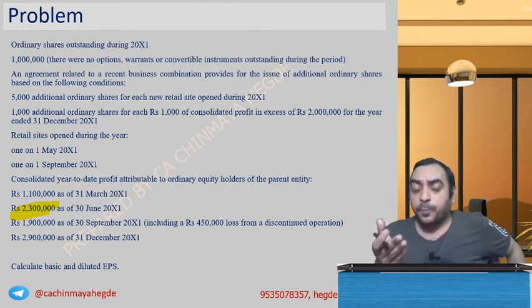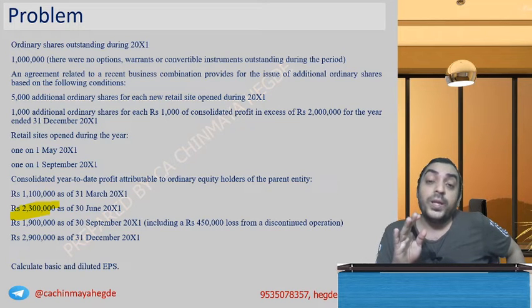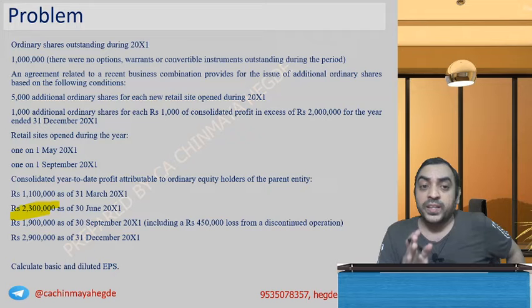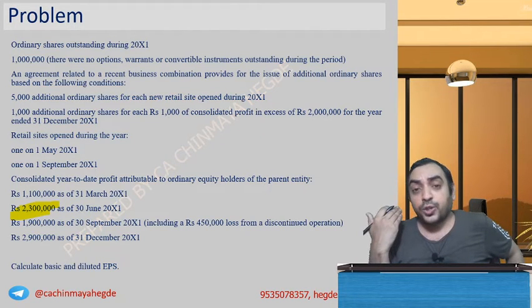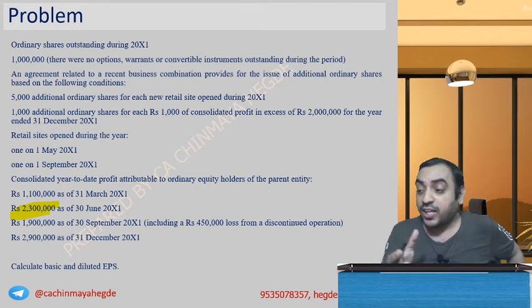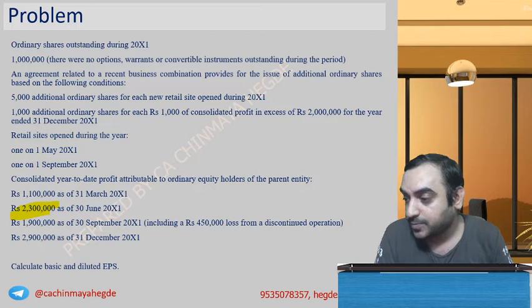This point I was supposed to discuss during full year basic EPS, but I did not, because unless the full year is completed, the contingency is not resolved. Only after resolving the contingency can it come to basic EPS. I forgot, so I discussed it now. But this discussion is attributable to basic EPS.